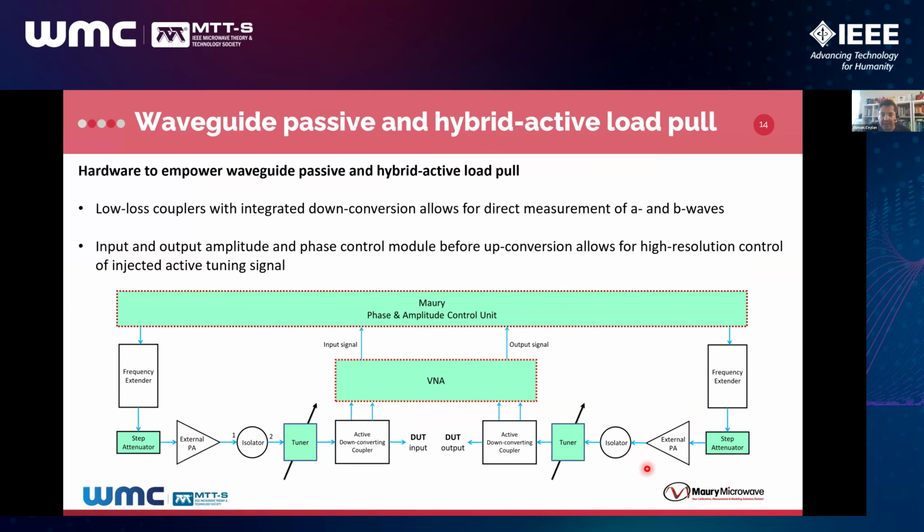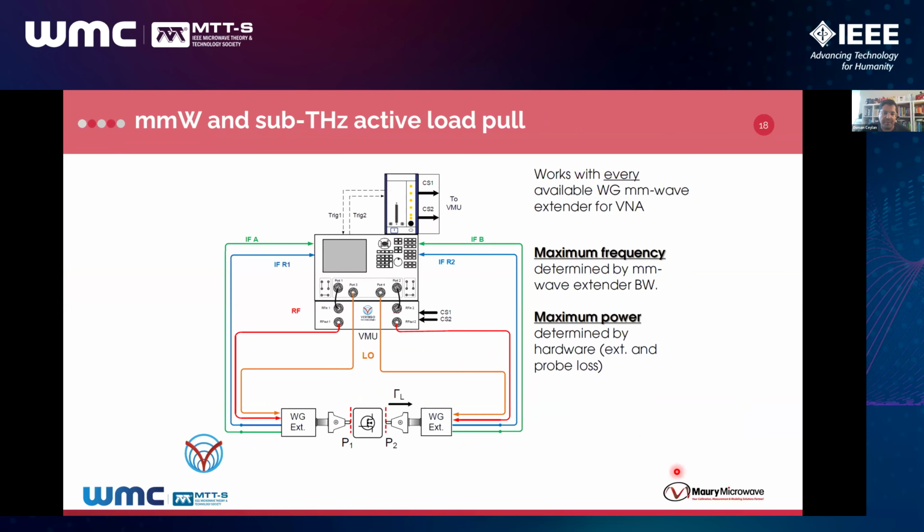But again, it's a solution we know in the market. There are wideband millimeter wave amplifiers as well. But in this example, we know that most of the extenders are quite wideband, so it can cover a wider bandwidth, but the limitation here is the output power of your extenders.